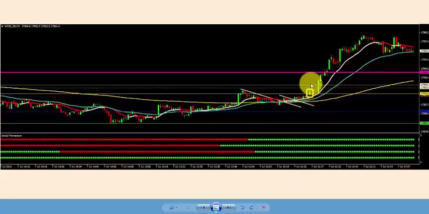And as you can see, a nice entry here, and up she goes. So having these color codes helps you to be disciplined, so that you are actually following the rules.